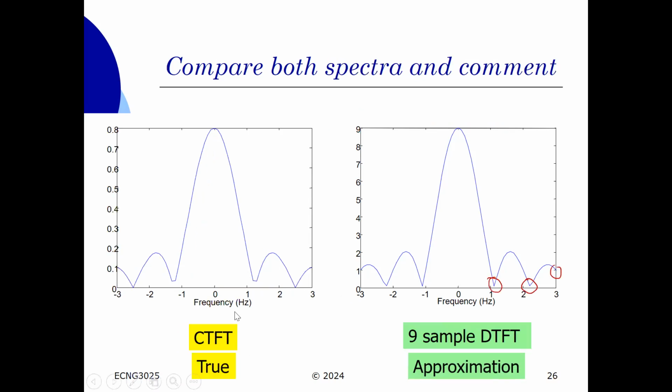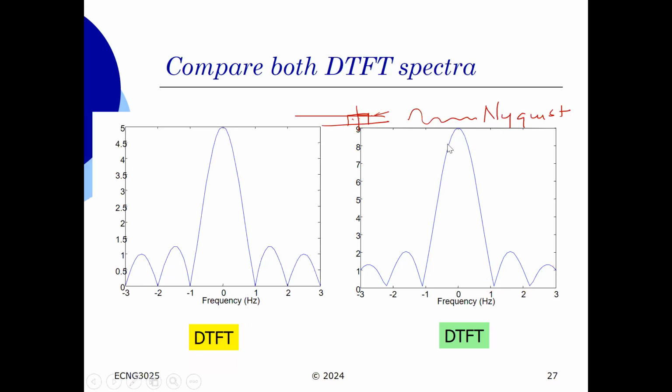So the true signal and the approximation, the 9 sample one is significantly closer to the true signal than the original one. The one other thing you have to look at is the amplitude, right? Notice that the 5 sample one has an amplitude of 5. The 9 sample one has an amplitude of 9, for this particular function.